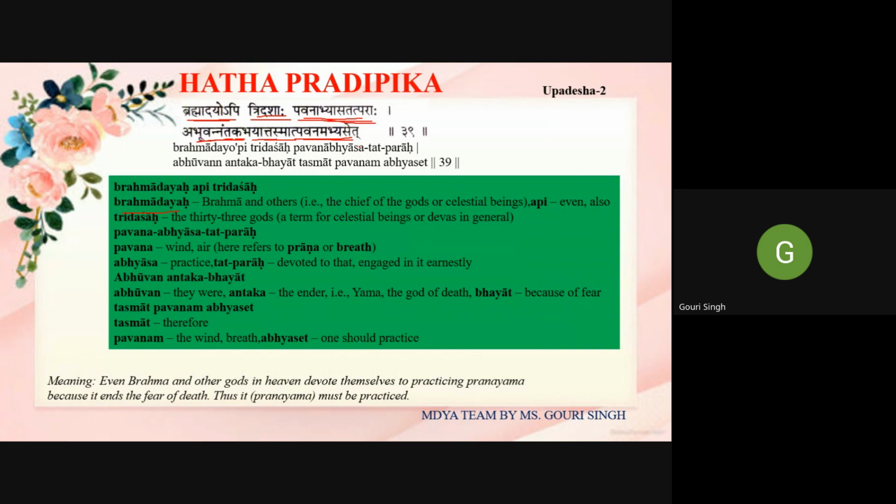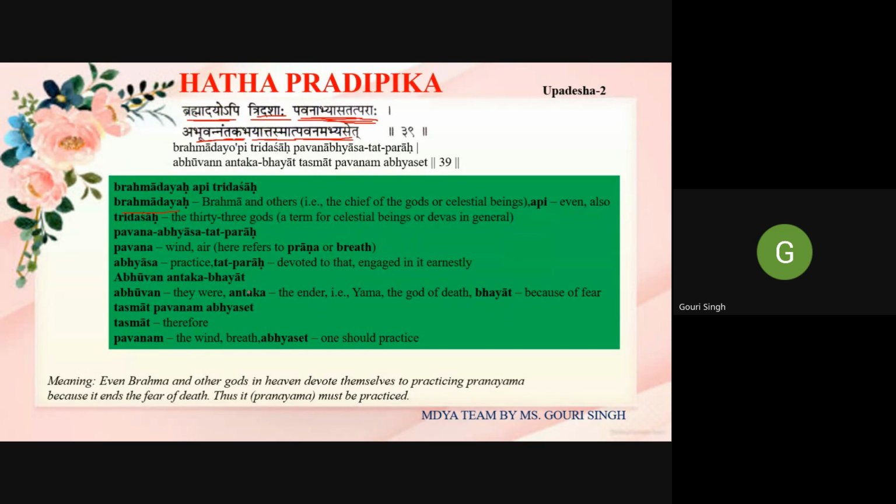After discussing the Gajakarni, he again comes to the point of the advantages of pranayama. He is just discussing here that Brahma and the 33 gods are getting no fear of death whenever they are practicing pavana abhyasa, that means whenever they are practicing pranayama and kumbhakas. So what happens?